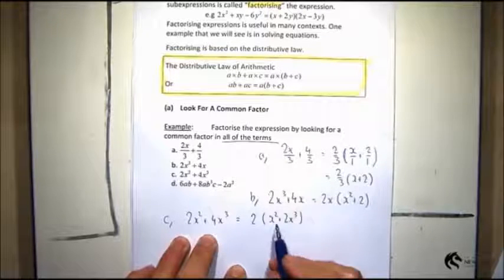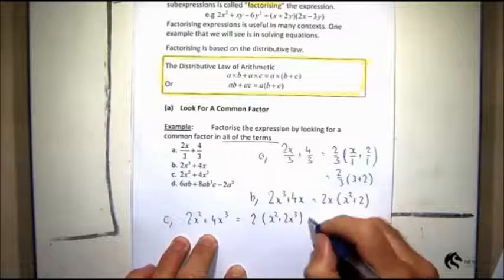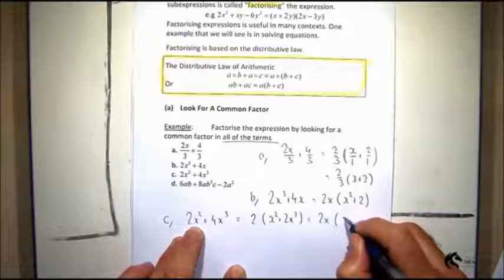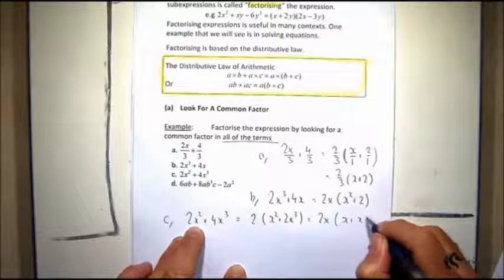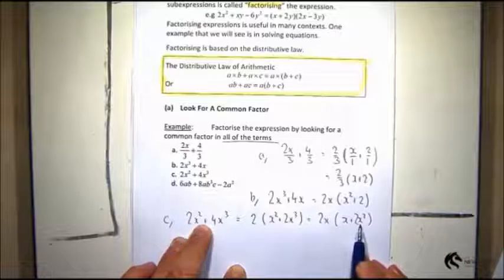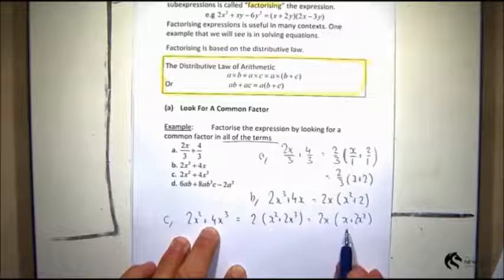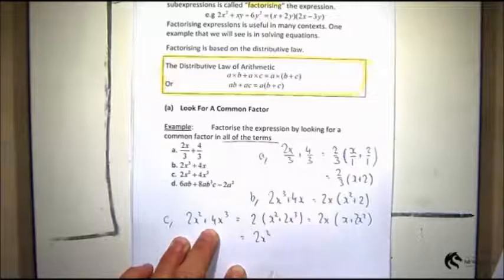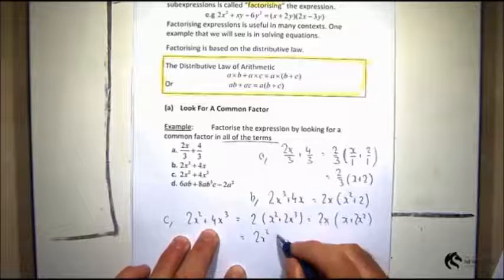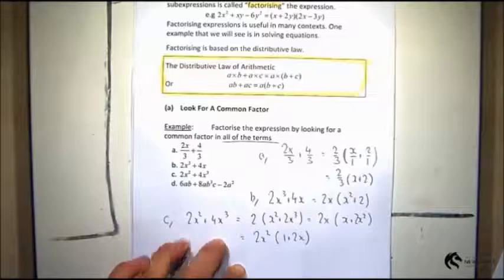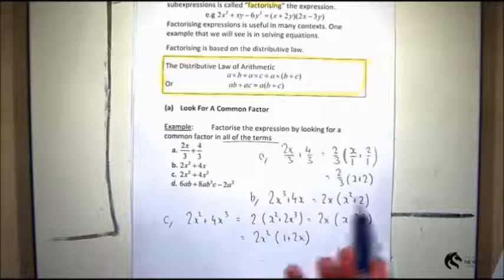However, I can see there's also an x common, so I could write that as 2x, and now I'd have to multiply that by x plus 2x squared, because 2x times 2x squared gives me 4x cubed. That's another factorisation. And I can go even further. I could say 2x squared is common, and then I would have 1 plus 2x there. They are all possible factorisations.